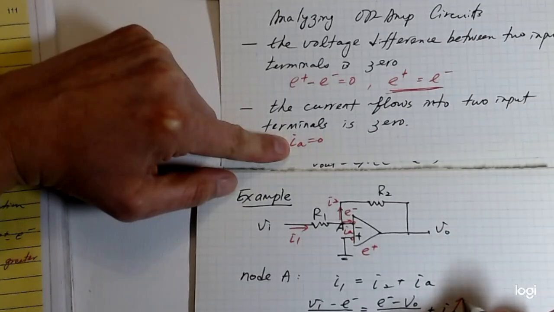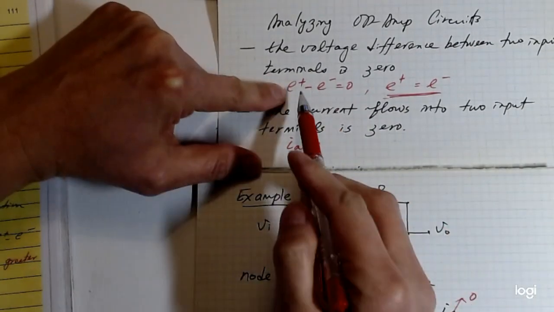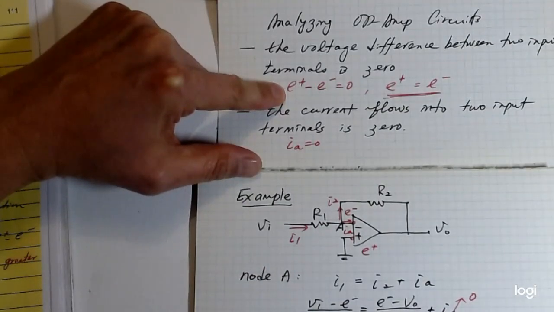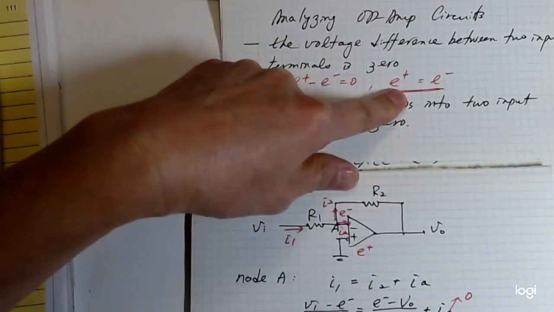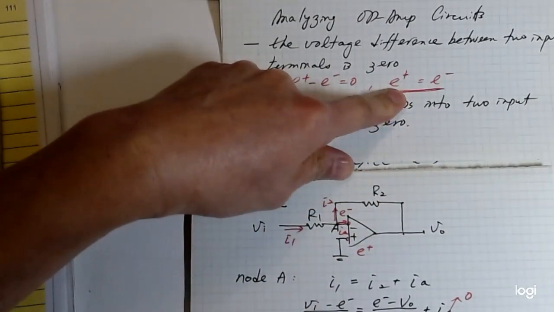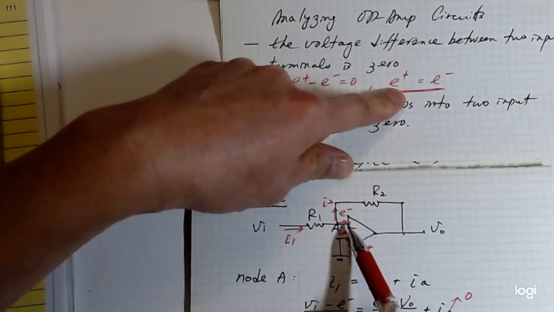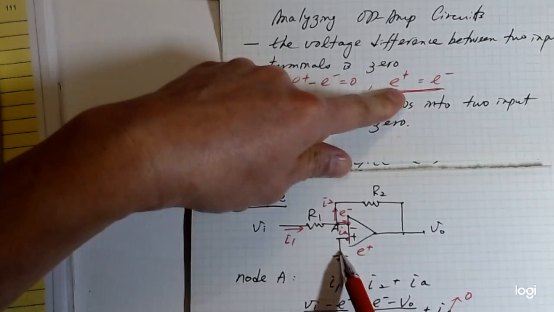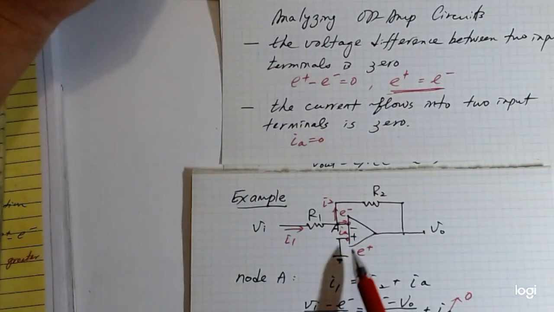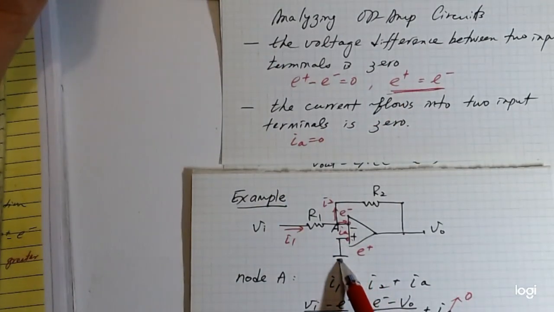Let's cross this one out, equal to 0. The other principle: E positive equals E negative. But in this particular case, E positive is connected to ground right here, so it is 0.